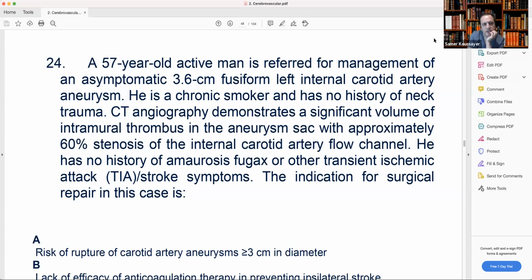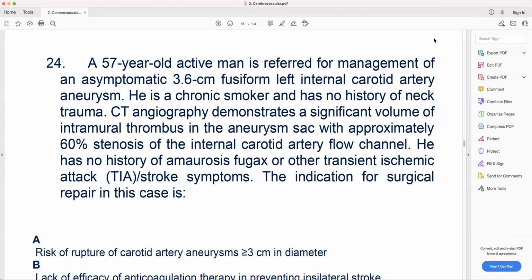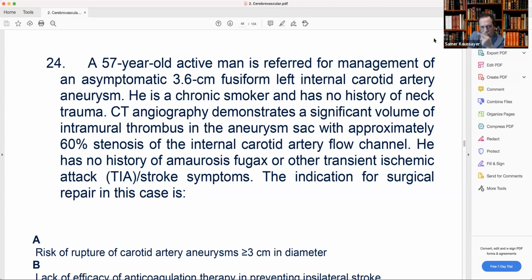Okay, before you start, they're talking about an asymptomatic internal carotid artery aneurysm, 3.6, correct? Yes, this is what the whole scenario is about, plus 60% stenosis of the internal carotid artery.